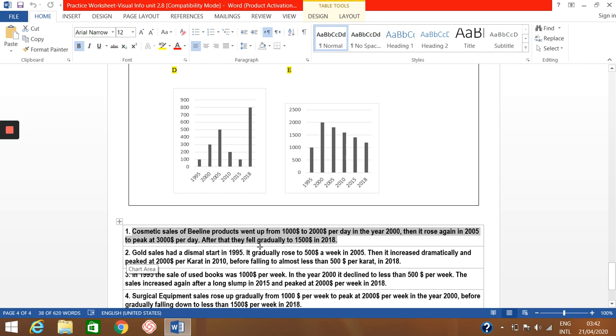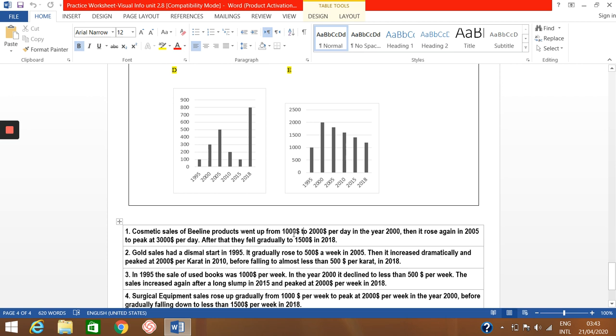After that, they fell gradually to 1,500 in the year 2018. So you need to concentrate on the figures given here.